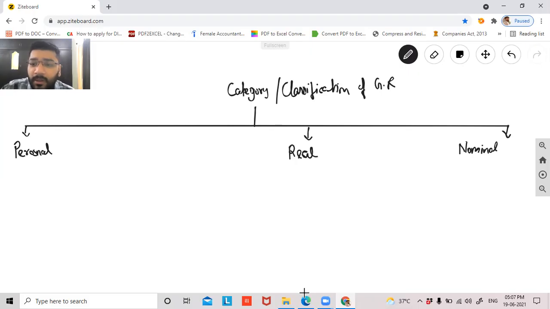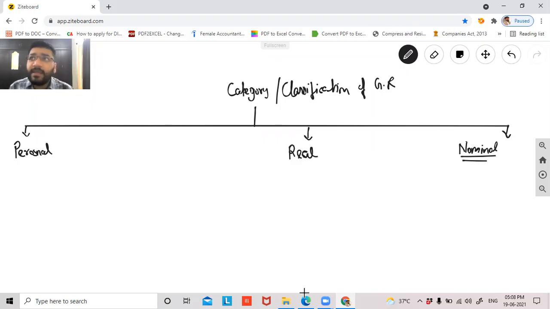Okay. Now what is nominal category? Guys, they say that in a business financial transaction, when you come across any two accounts, you'll be able to classify that account as income, expense, loss, or gain.